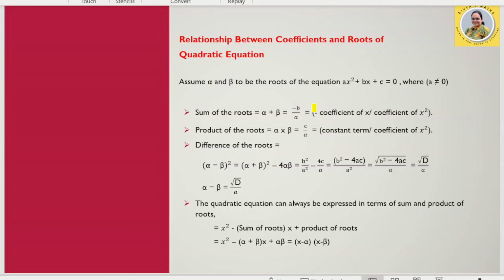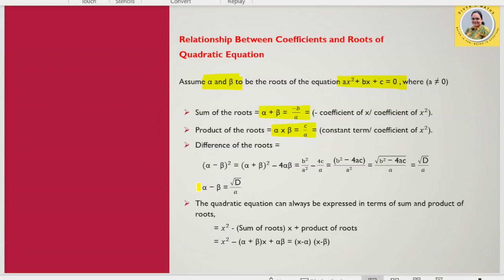So let us just recap. If we assume alpha and beta are the roots of a quadratic equation ax square plus bx plus c is equal to 0, then the sum of the roots alpha plus beta will be minus b by a. The product of the roots alpha beta will be c by a.